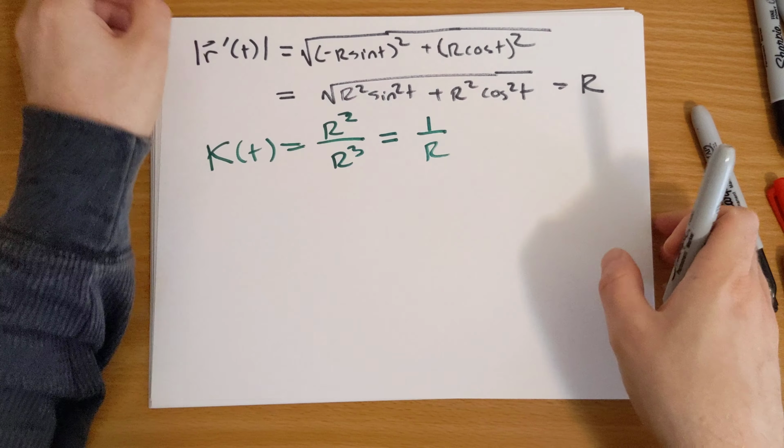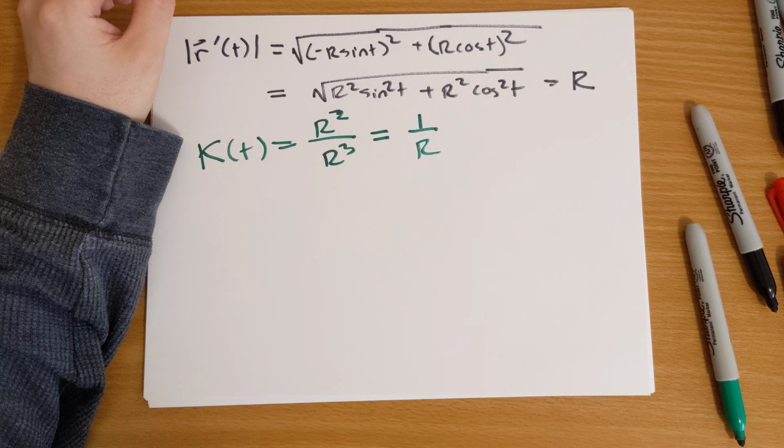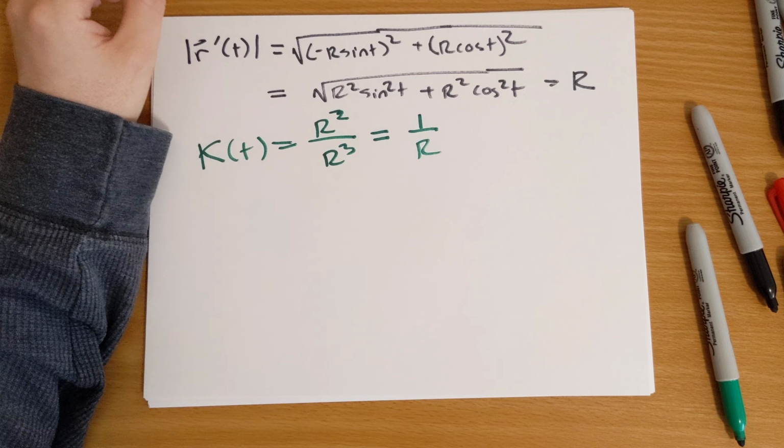So this should make sense in a qualitative way. Why is that? Well, let me draw a circle of radius, let's just say this is radius 1 here, and a circle of radius 3. So here's a circle of radius 1. Here's a circle of radius 3. The kappa here is 1 over 1, which is 1.